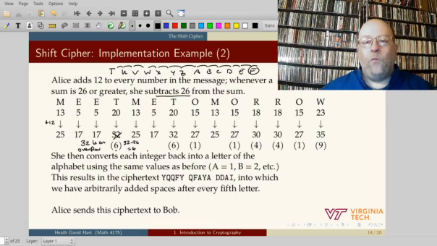We calculated that it would be the 32nd letter of the alphabet, but that's if we go past Z. Instead, we just back up 26 and start over and get to 6 again. Okay?